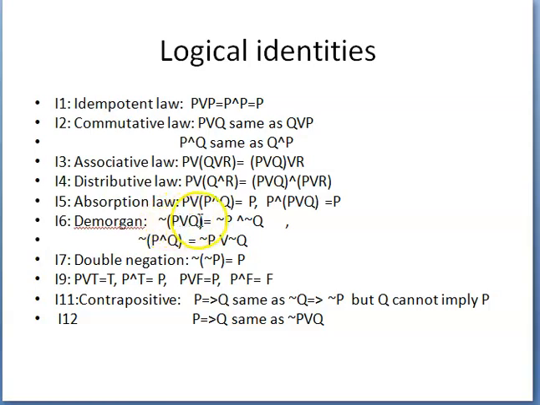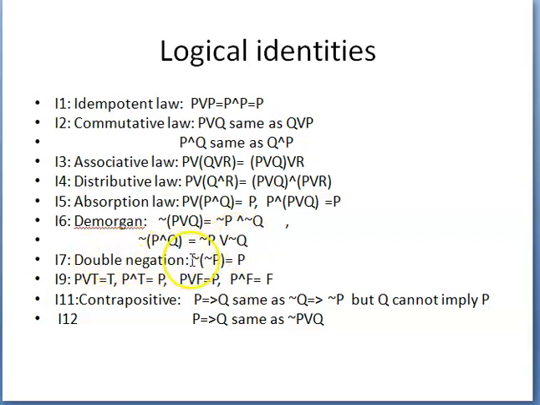Negation of P or Q can be rewritten as negation of P and negation of Q. Here the scope of the tilde has been reduced to a single term. Similarly, negation of P and Q can be written as negation of P or negation of Q.